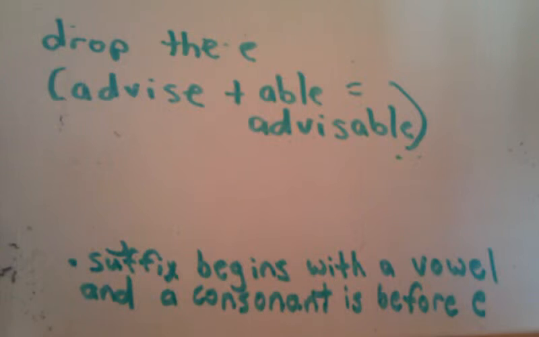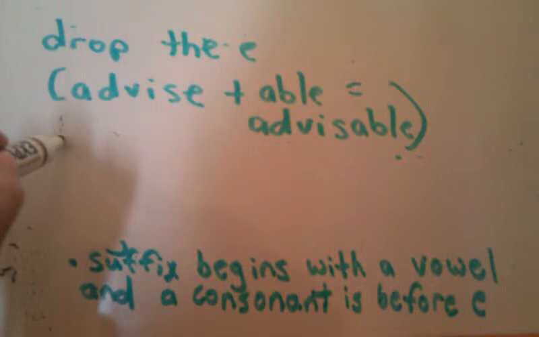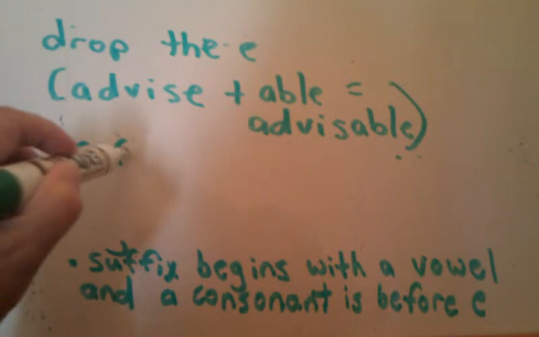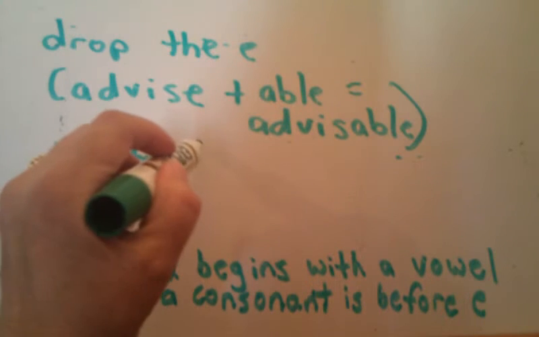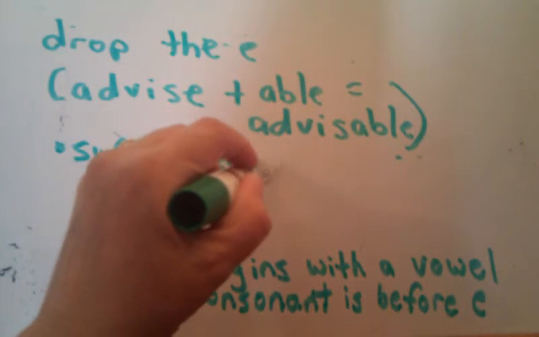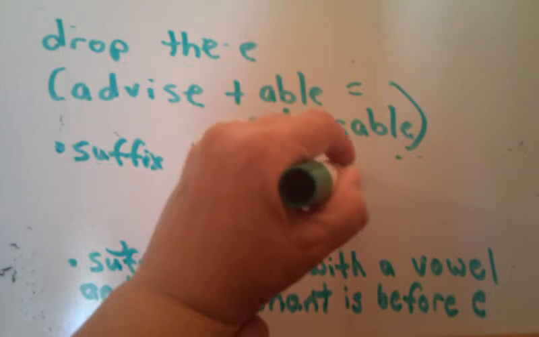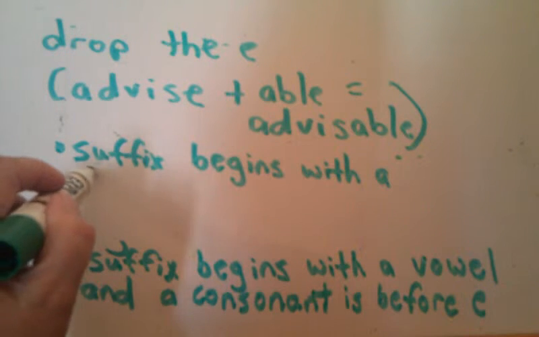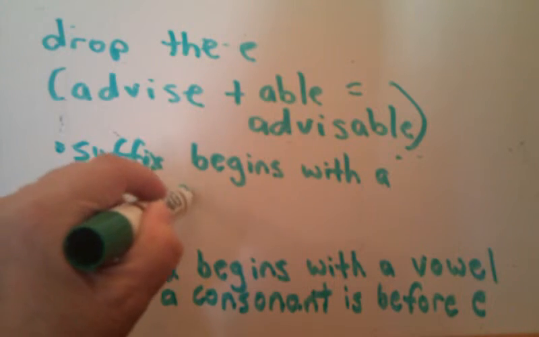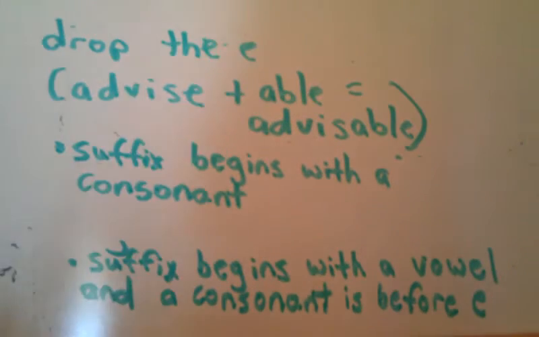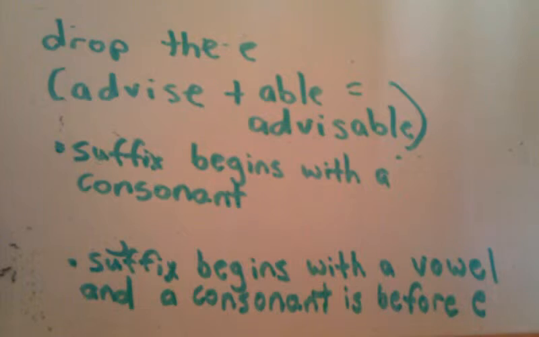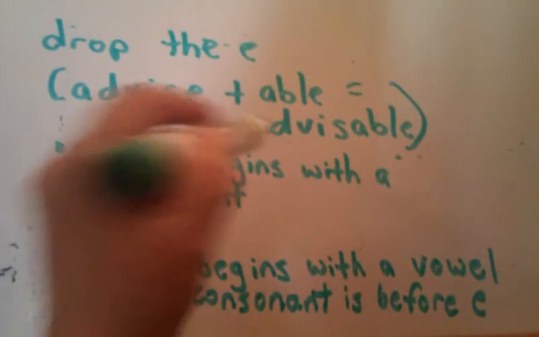Okay. If the suffix begins with a consonant, then we keep the E. So if the suffix begins with a consonant, just add the suffix.